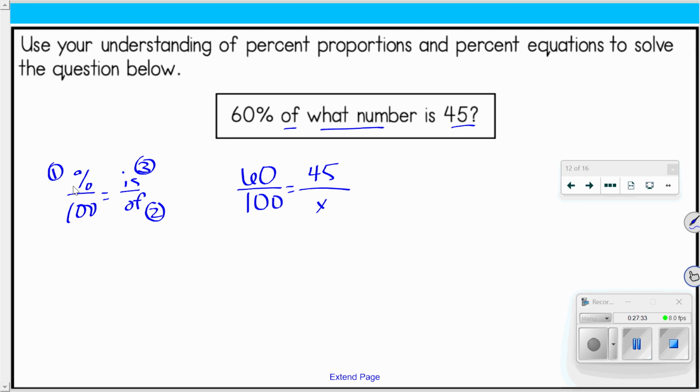Leon, question? Of what number is 45. I've just been doing it where it's 65% of 45. 60% of 45. No, that's wrong. It says of what number? I don't know what number it is.